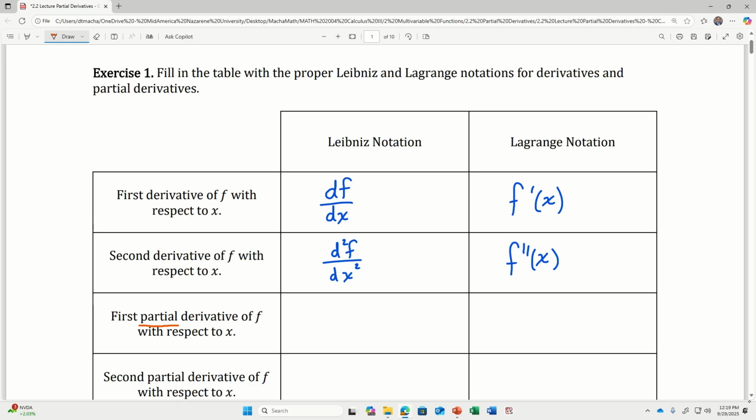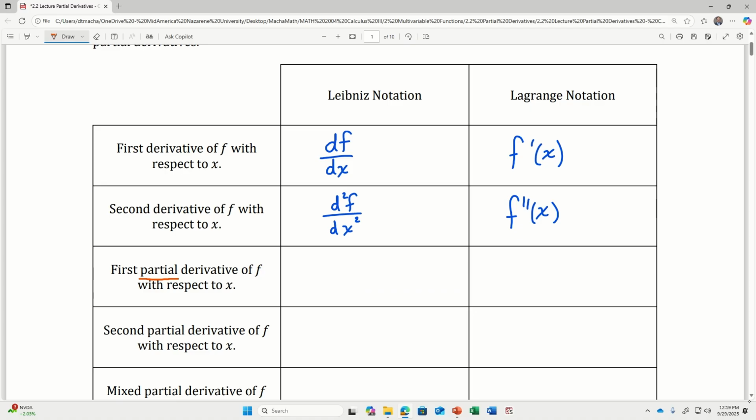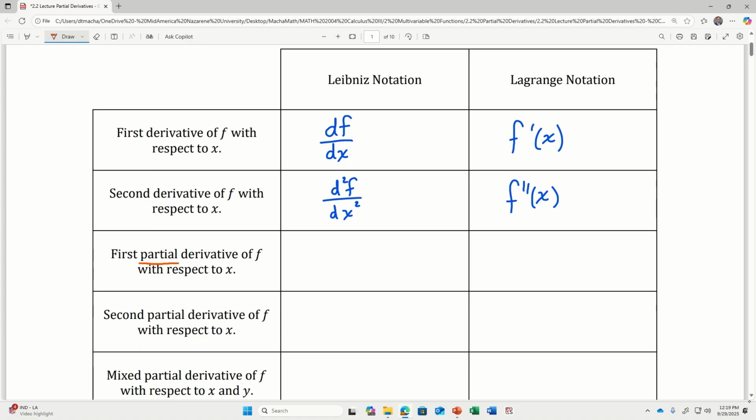Now, what about the first partial derivative? This is where it gets new for you today. The partial derivative of f with respect to x looks like this. And this symbol doesn't really have a name.